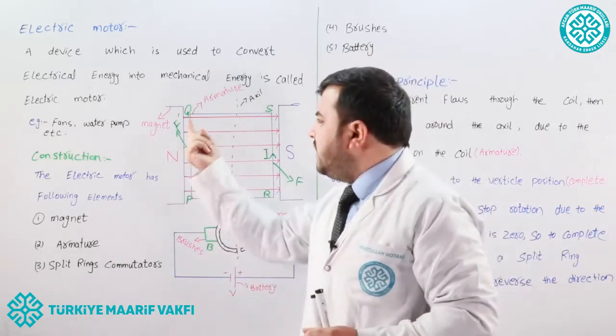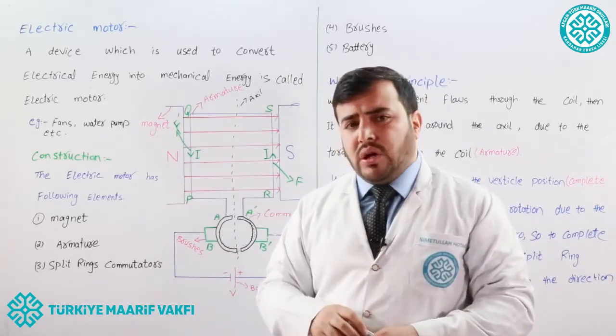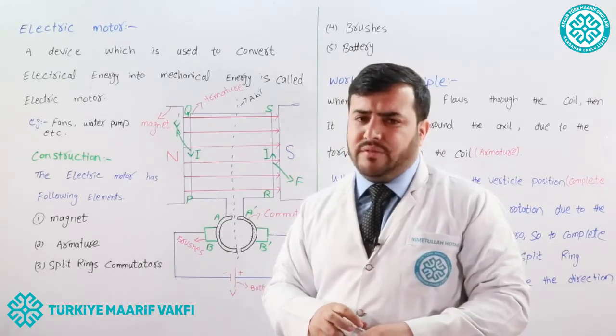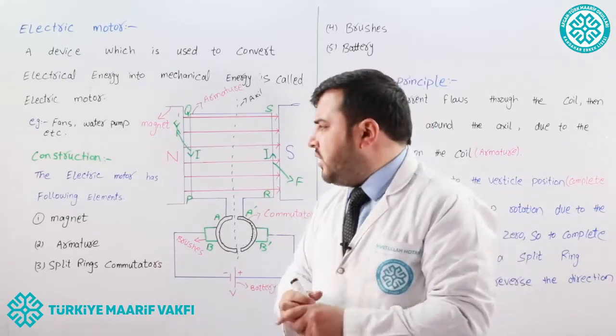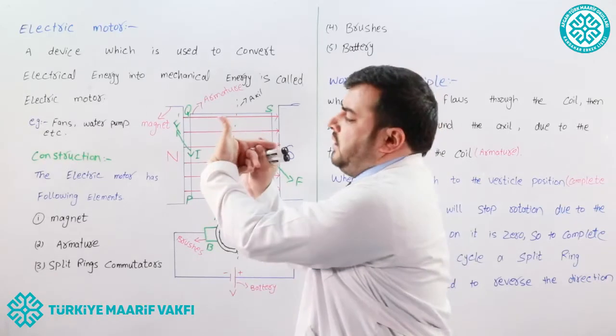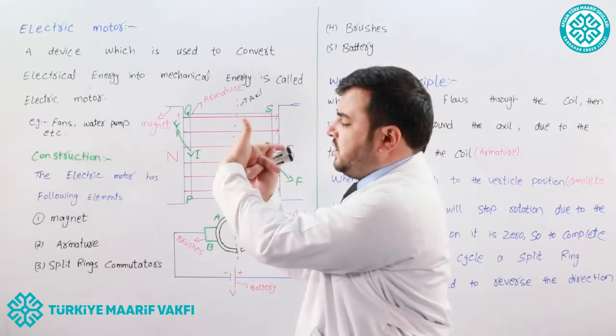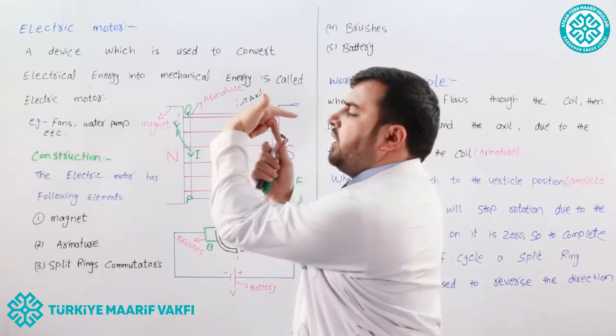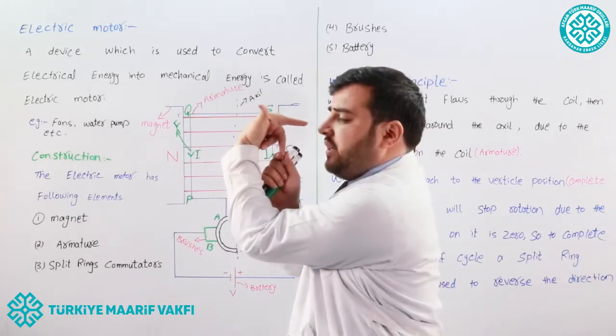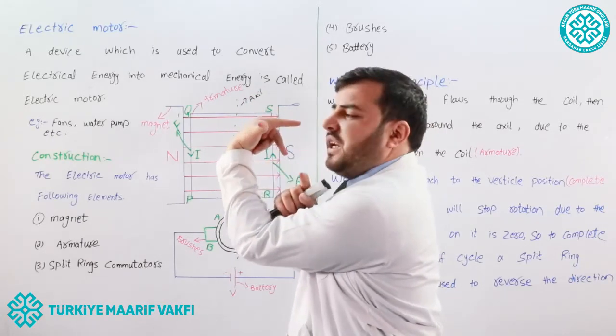Now we will come to the PQ side of the coil. Again we will apply Fleming's left hand rule, and according to this rule, the forefinger is in the direction of the magnetic field and the middle finger in the direction of the current. So the thumb will indicate the direction of the force.